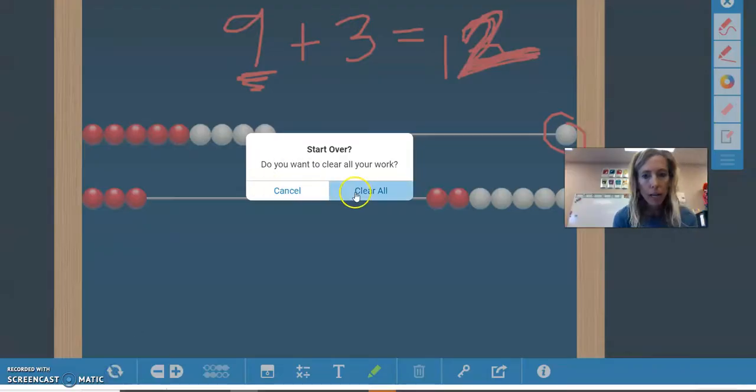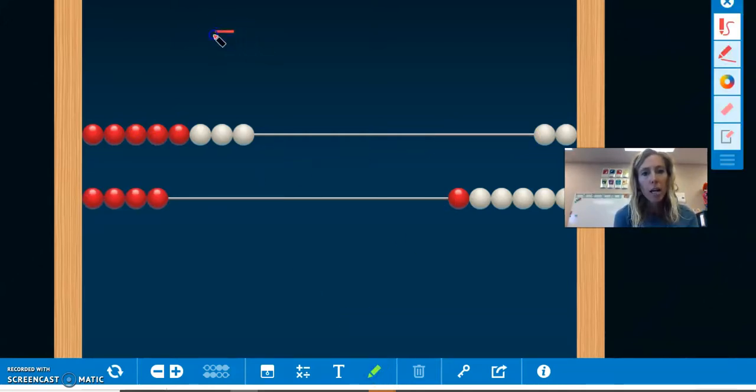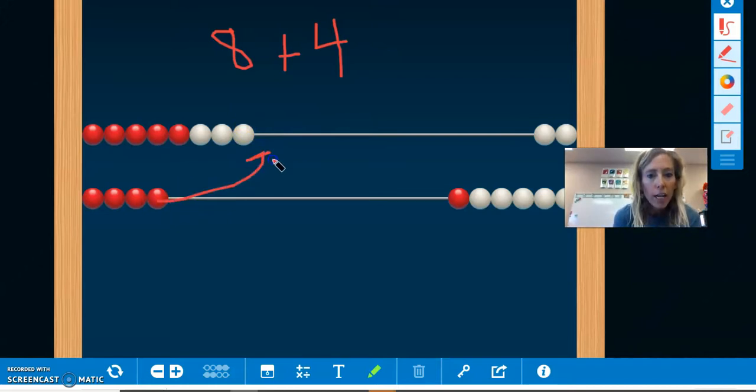Well, let's take a look at the number rack and see. I'm going to pull over 8 and then 4 more. Well, for me, 8 and 4, I could count on. Or I would know that if I just had 2 more up here, that'd be 10. So what if I took these 2 and put these up here?